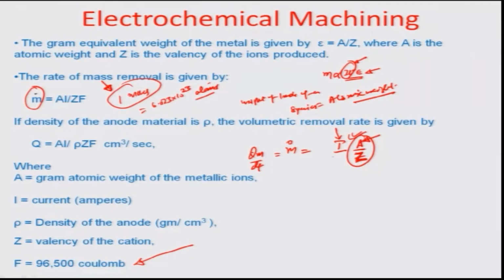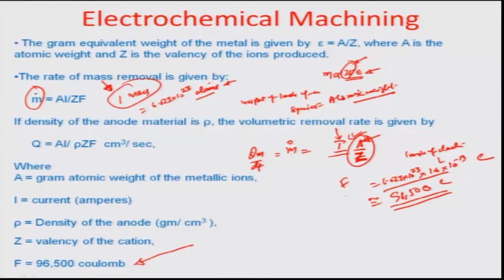So, we divide this by the charge of 1 mole of electrons, and 1 mole of electrons would have 6.023 times 10 to the power of 23 times 1.6 times 10 to the power of minus 19 coulomb, which is the charge on 1 electron, and this figure comes out to be 96,500 coulomb approximately. Okay, so that is how the Faraday constant F is derived.